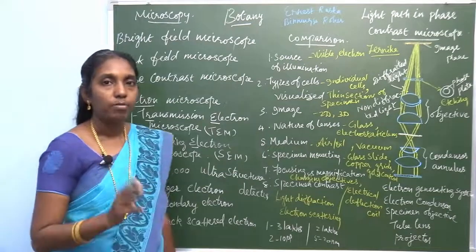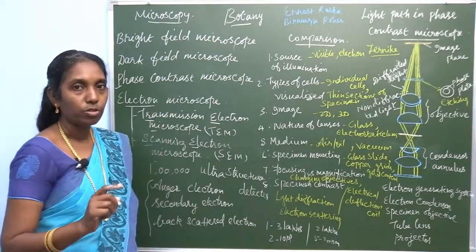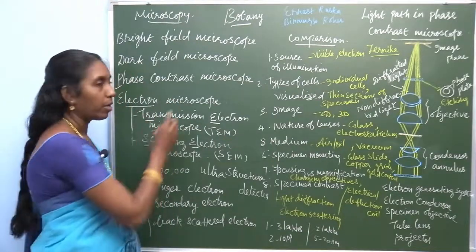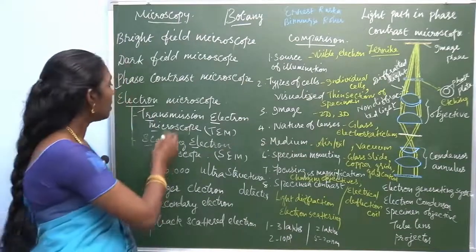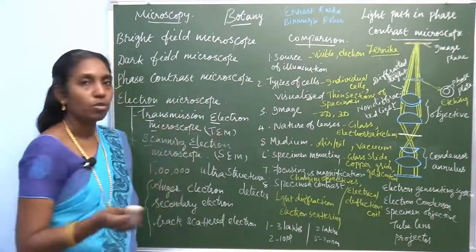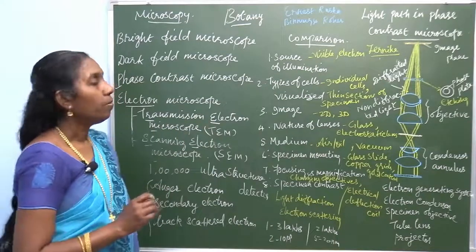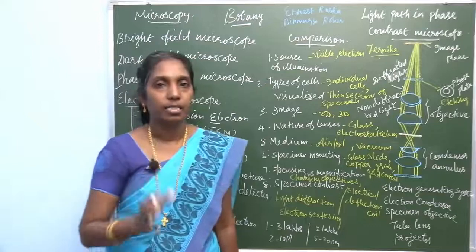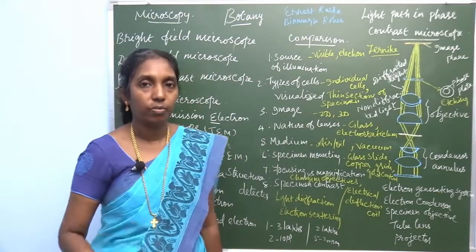So, you will learn different types of microscope today: one is the phase contrast microscope, another is the electron microscope, with two main types under it, the transmission electron microscope and the scanning electron microscope. Now you are going to compare all these kinds of microscope.